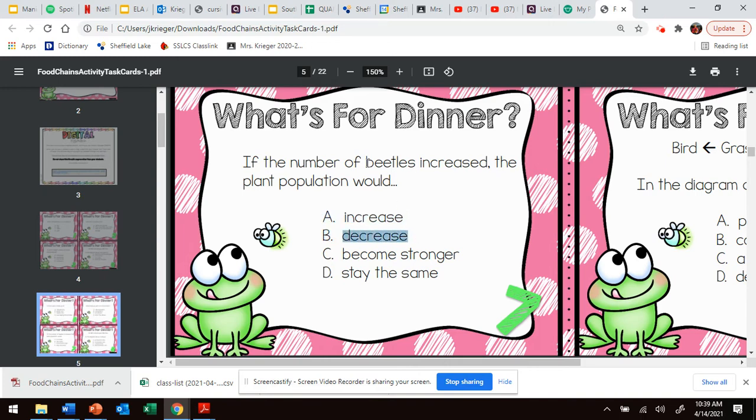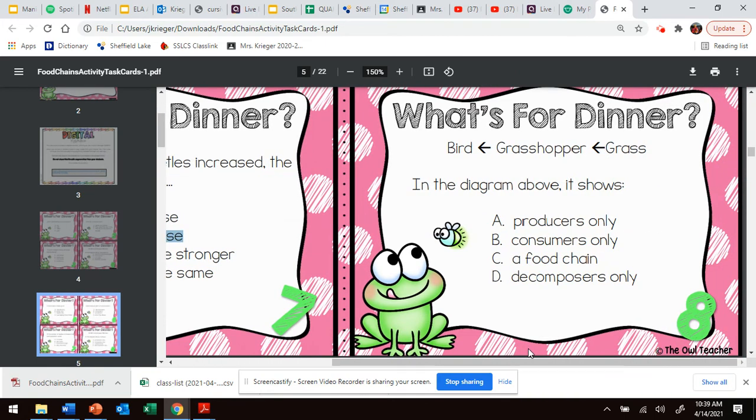Would it decrease because the beetles increase and are eating them, become stronger, or would it stay the same? So this is a cause and effect relationship telling you that beetles eat plants. So the answer would be B as in boy. It would decrease. If the beetles are increasing, plants would decrease because they're being eaten by those beetles.